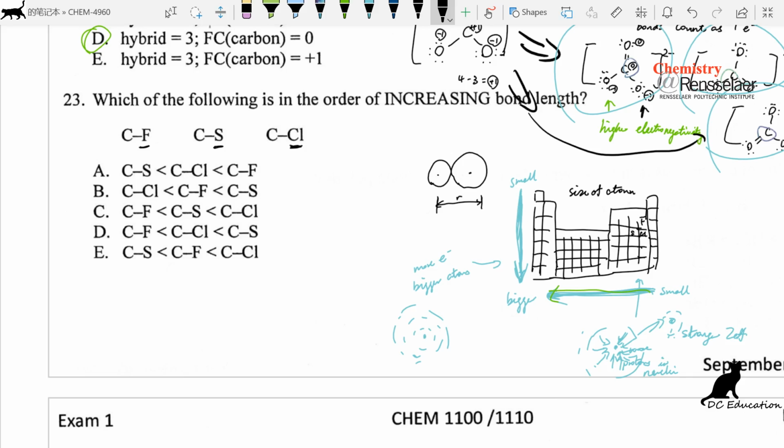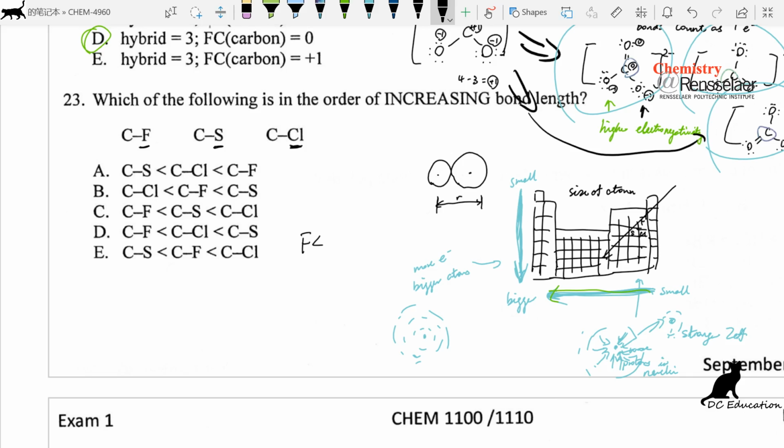So let's think about that. According to this trend, fluorine would definitely be the smallest atom among all. And then chlorine is on the right side of sulfur.